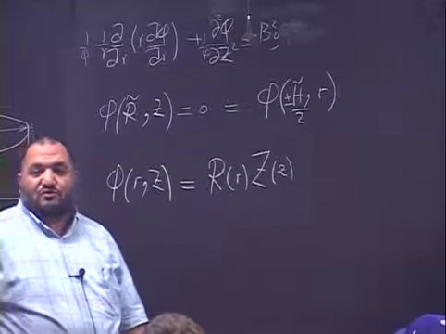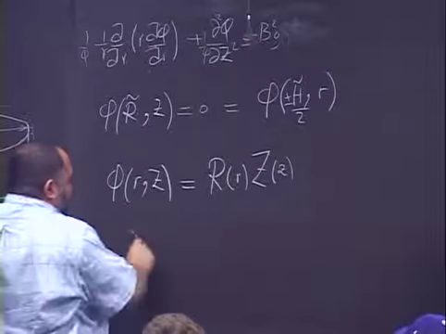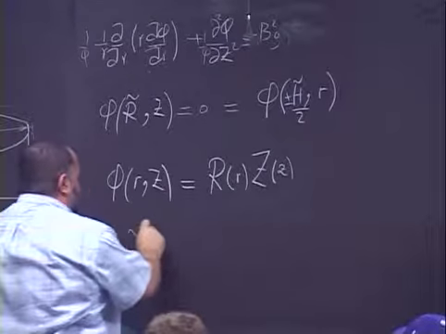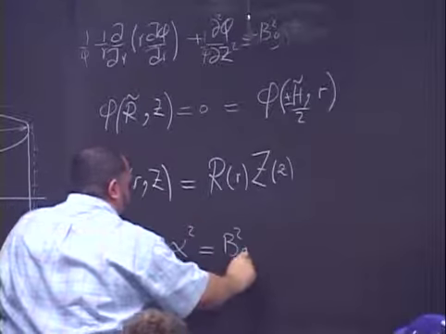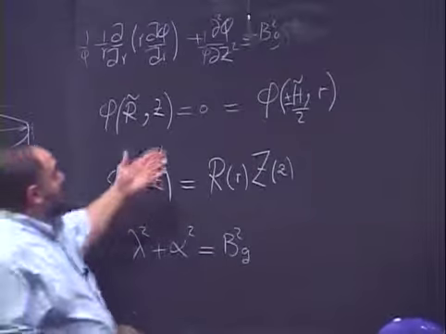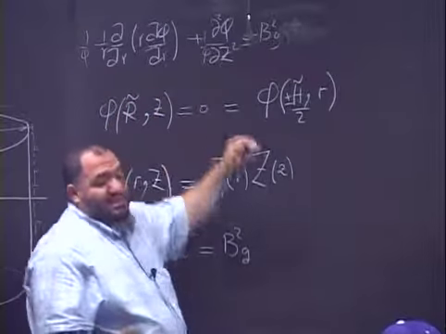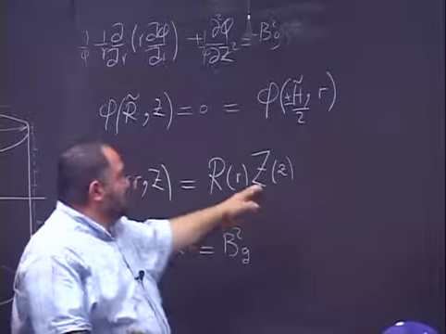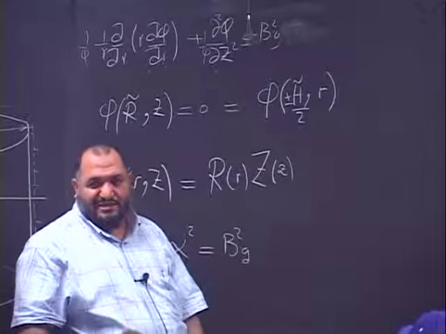So each one of those functions should be a constant. So this first constant here, I will call it lambda squared, plus alpha squared equal to B squared g. Those are the 2 constants, because if you look here, you will notice that this is d2 phi by dz squared, which will be transformed to d2 capital Z by dz squared.